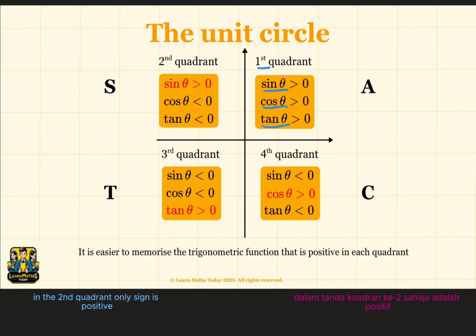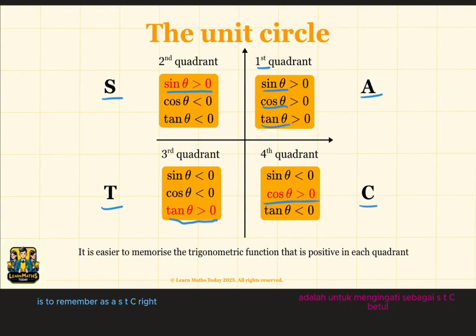In the second quadrant, only sine is positive. Cosine and tangent are negative, right? Then in the third quadrant, only tangent is positive, okay? And in the fourth quadrant, only cosine is positive. So a way that people remember this is ASTC. A would mean all, so all are positive in the first quadrant, and S, the second quadrant, means only sine is positive.